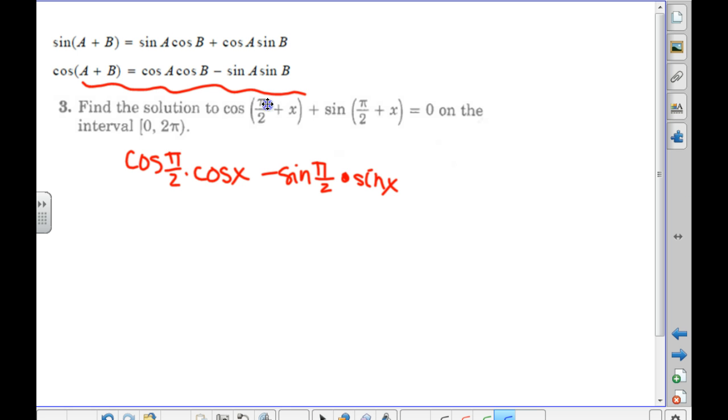Okay. That was this one. Now I'm going to do this one.